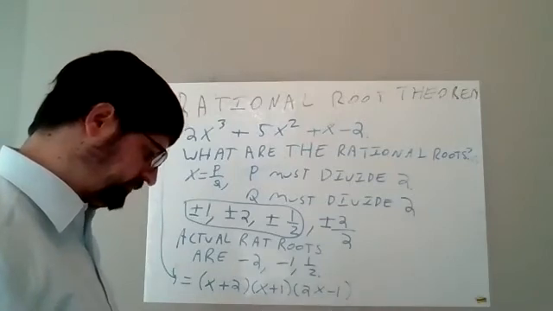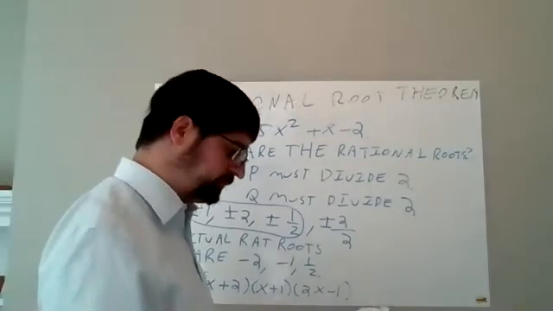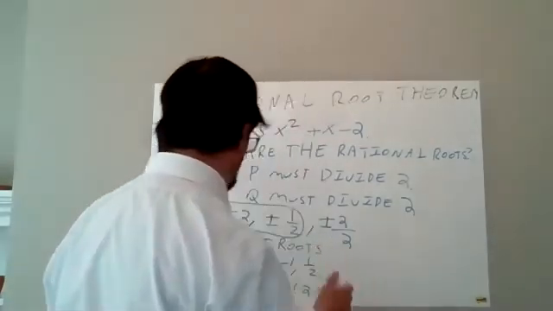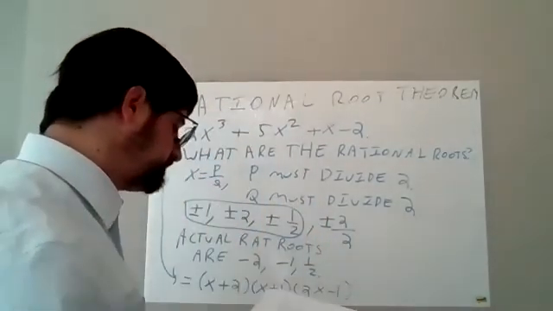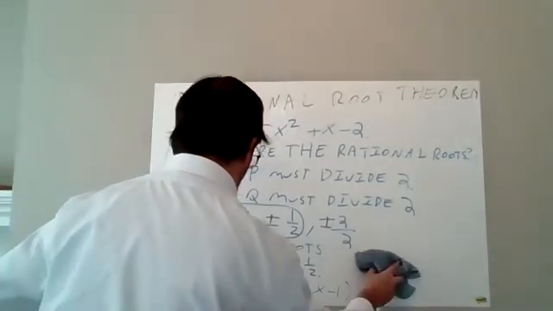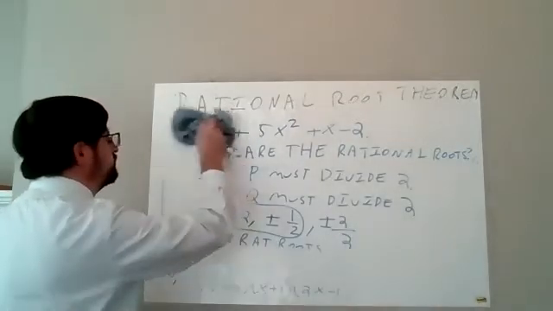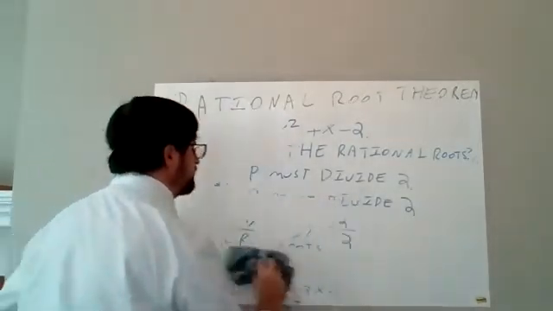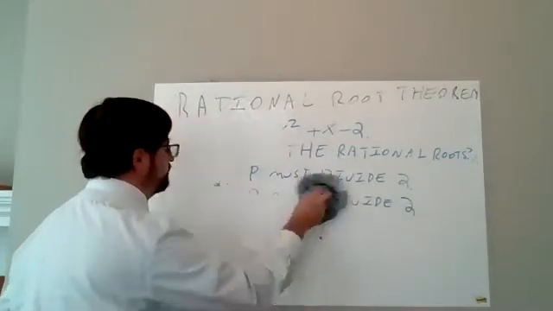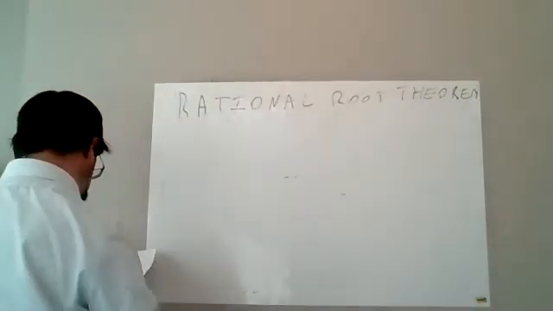All right, so I would like you to do the following. I'm going to give an example. I want you to write down all possible potential rational roots using the rational root theorem. Okay? I'm going to erase this again. All right.